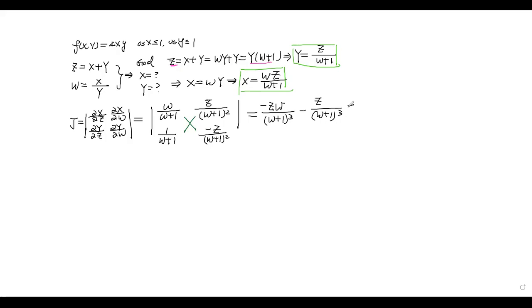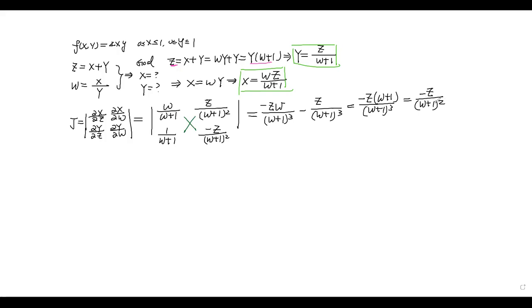So this is the (w+1) to the third. You take the negative sign out, and you will have w+1. Then finally you simplify to the negative z, (w+1) to the what?